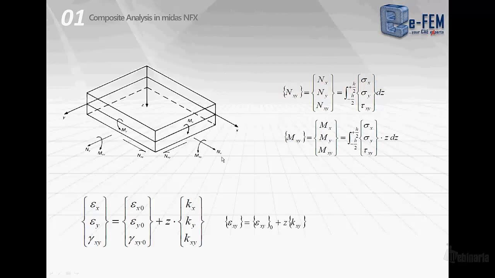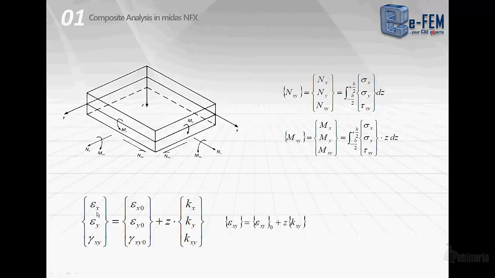If we consider that these loads are generated by the stress through the thickness, we can integrate the stresses through the thickness of the lamina, and we can define the single load components as the integration through the thickness of the stresses that are applied on each lamina of the laminate.